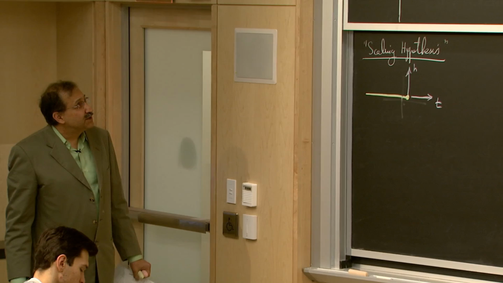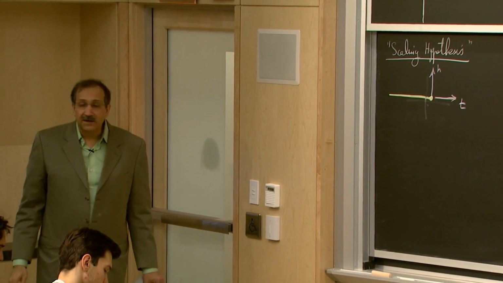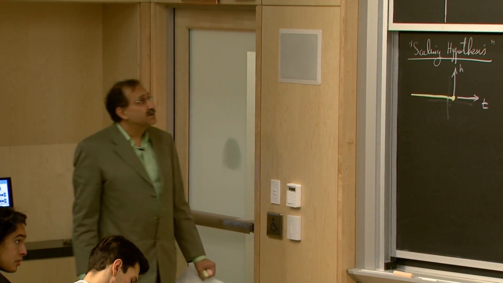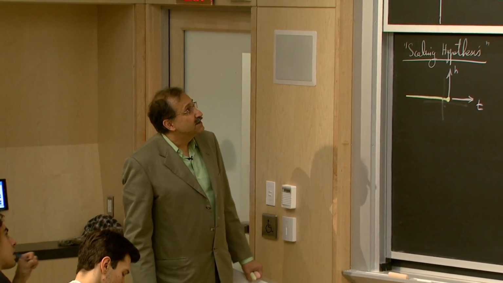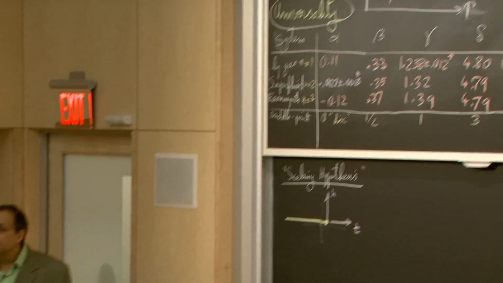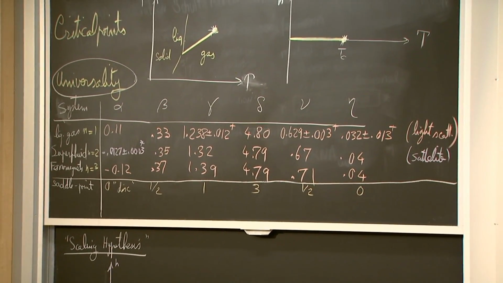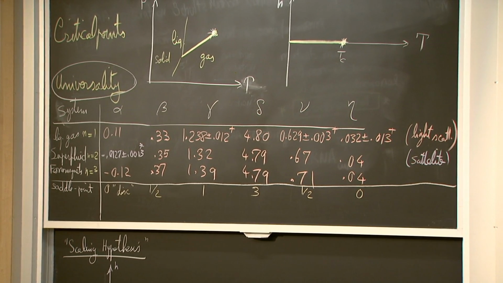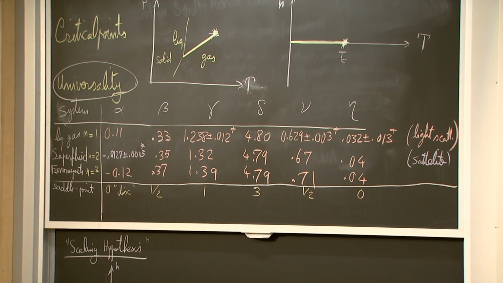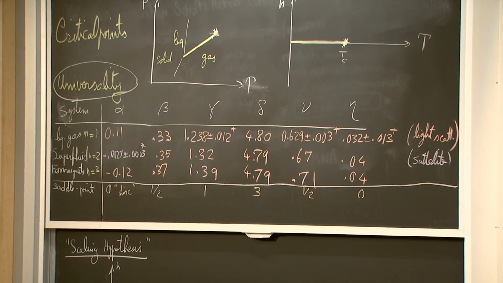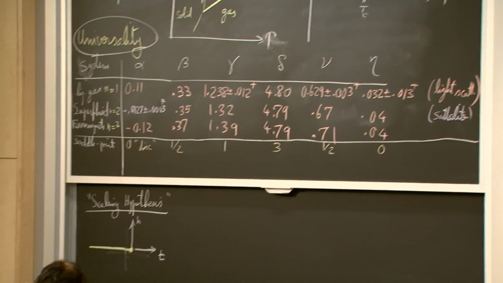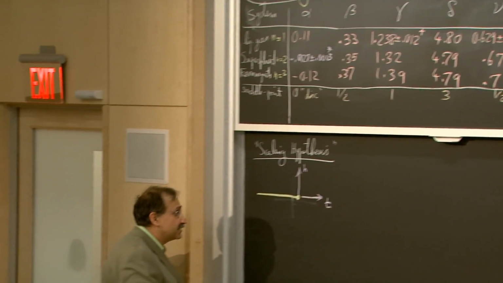You look at the picture for the liquid gas system that I have up there, and it is not necessarily clear which direction would correspond to this nice symmetry breaking or non-symmetry breaking that you have for the magnetic system. So you may well ask, suppose I approach the critical point along some other direction.